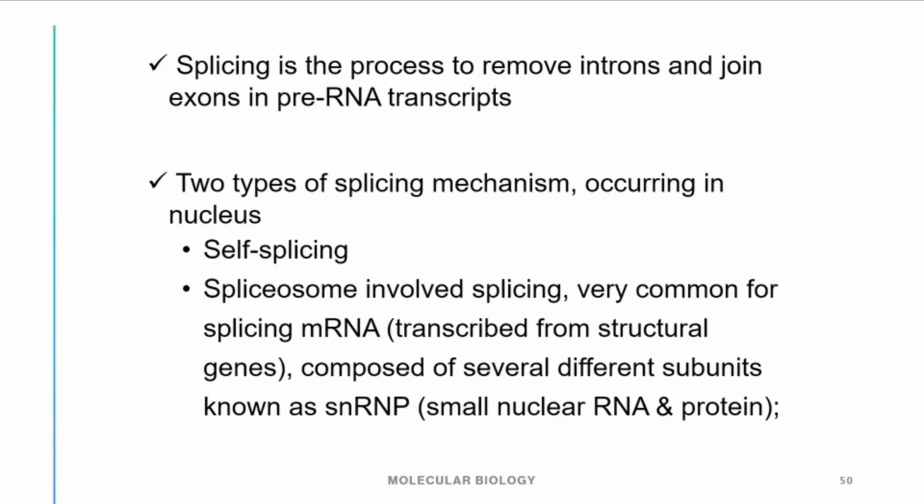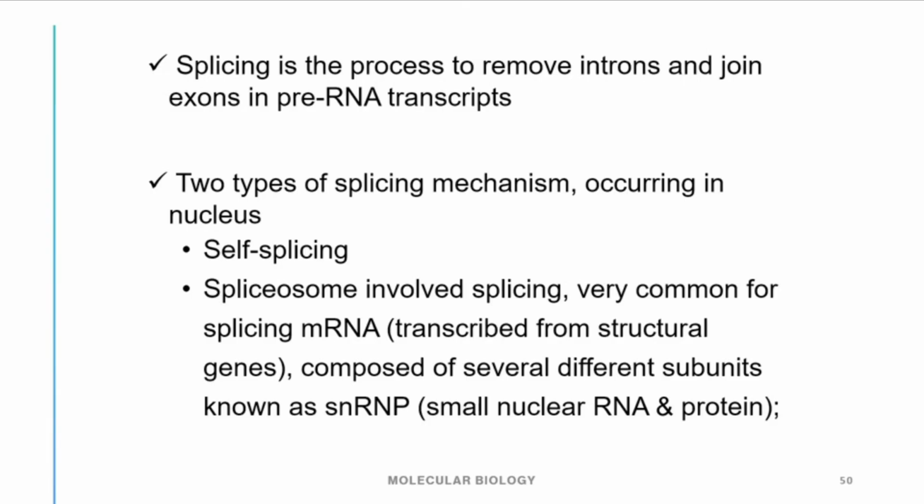And there are two types of splicing mechanism that happen in the cell nucleus. Either self-splicing, meaning the mRNA will automatically splice out the introns, or spliceosome-involved splicing, which is a more common type of splicing, of mRNA which is transcribed from structural genes.